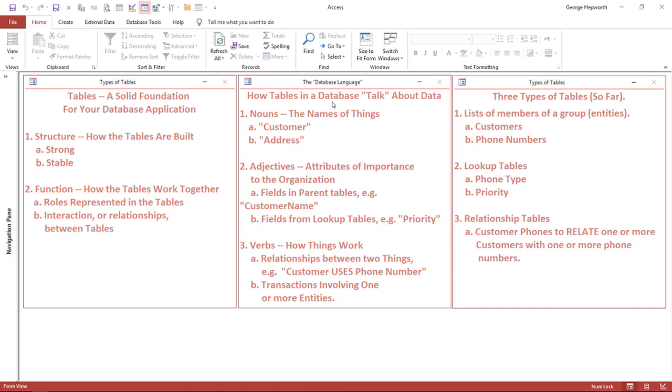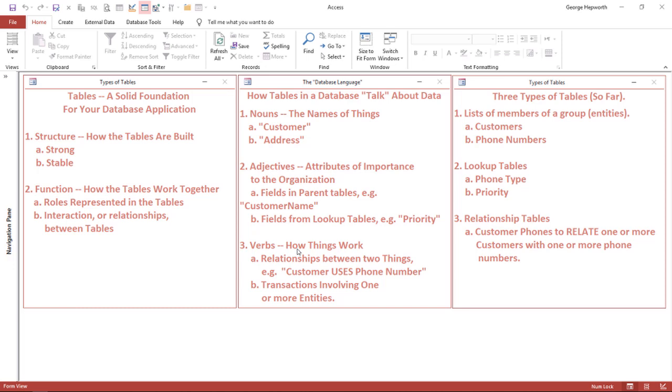We looked at the analogy to a database language. We have nouns, which are the names of things. We have adjectives, which are the attributes of importance, which are fields in a table. We can do that directly in the parent table, or we can do that as a lookup field to a lookup table.